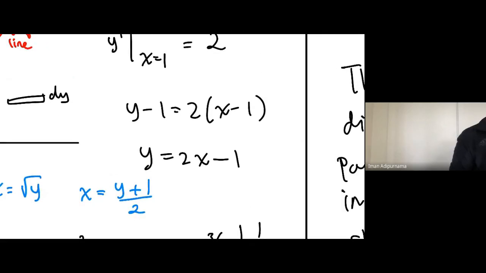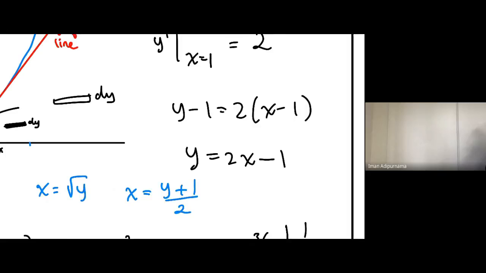Okay, so this is the tangent line. So you put in the line equation. This 2 is from the slope, and (1, 1) is our point. Okay, so we are getting y equal to 2x minus 1. And because we want to use dy, change everything, so x equal (y plus 1) over 2. And the x squared becomes square root of y.